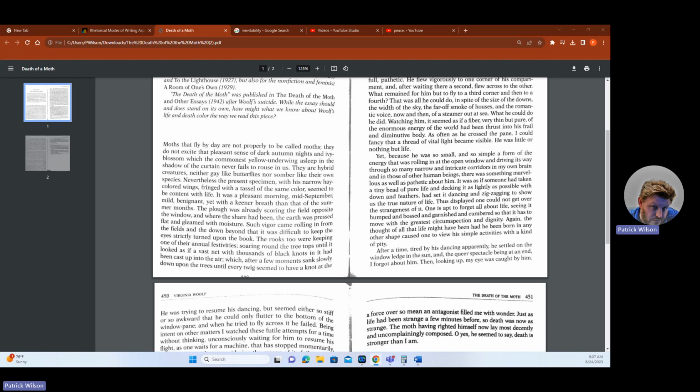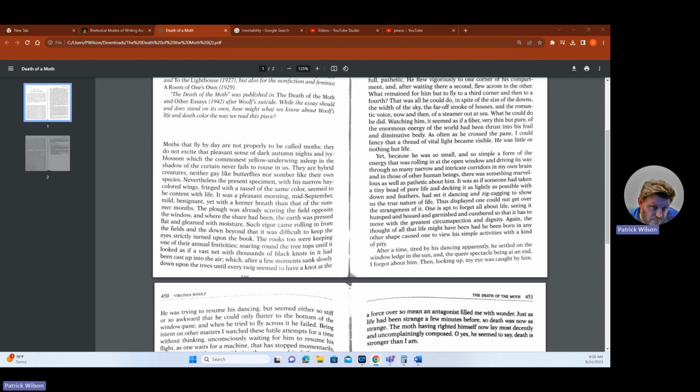The essay is also notable for its prose style, characterized by Woolf's characteristic stream of consciousness narrative. Her lyrical and evocative language adds emotional depth to the essay, inviting readers to reflect on their own mortality and the significance of life's fleeting moments.